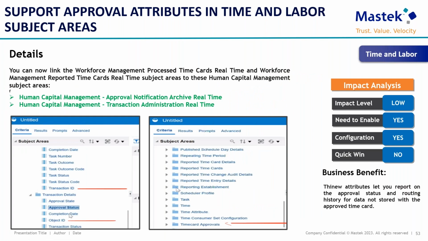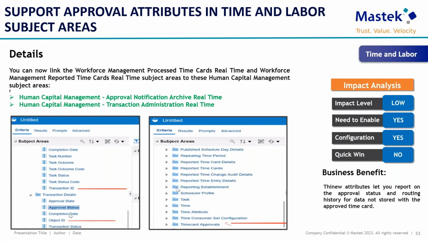The next feature is again related to OTBI EE. Oracle supports approval attributes in time and labor subject areas. So going forward, users will be able to combine or join time and labor and approval related subject areas to create a single report which contains all the information from the start of the time card entry till the approval of the time card.